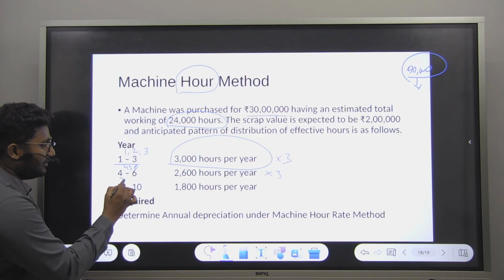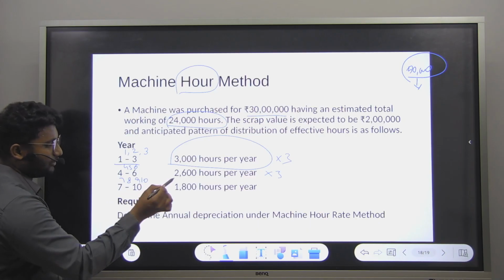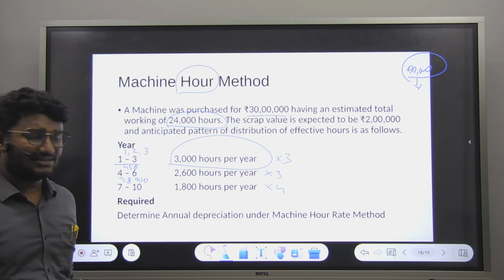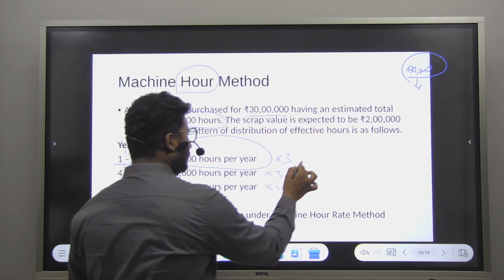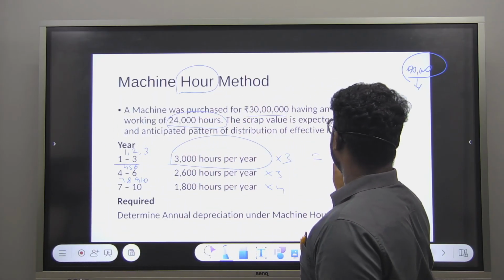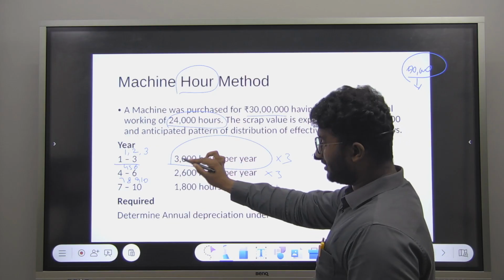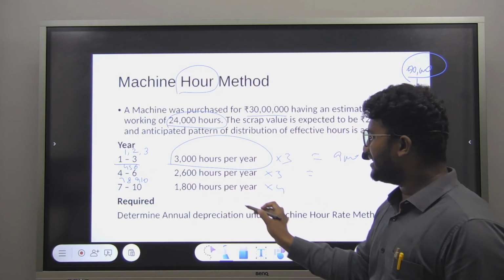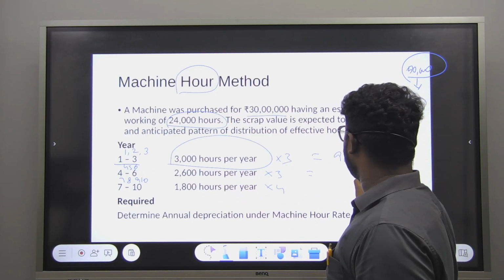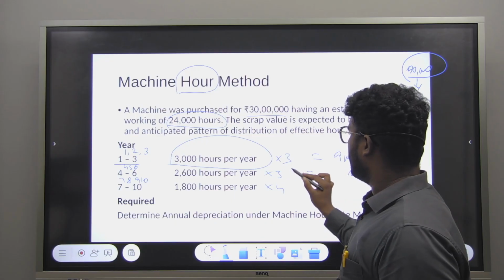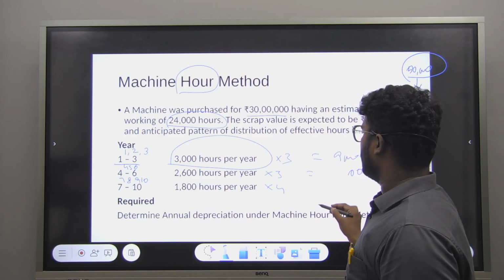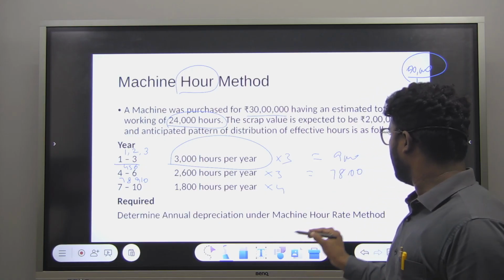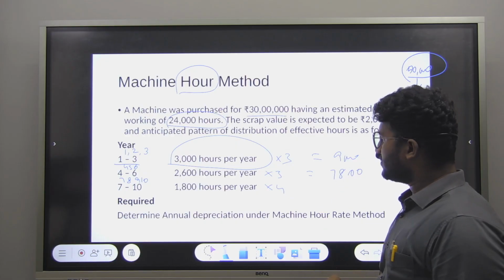And in the 7th, 8th, 9th and 10th year, 4 years, you can use 1,800 hours per year. So what is the total? 3,000 into 3, 9,000. For the first 3 years, 9,000 hours can be used. For the next 3 years, 2,600 into 3, 7,800.